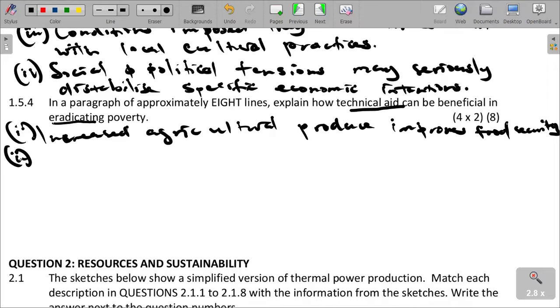We also need to understand that empowered communities are able to be self-reliant and more resilient.